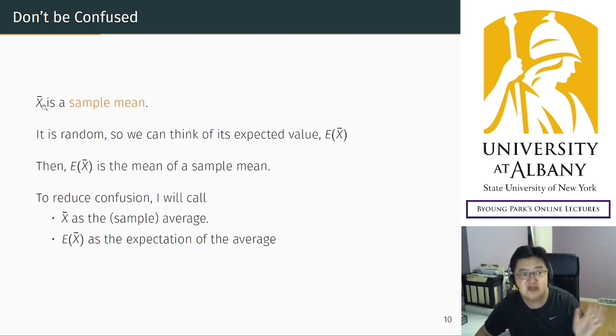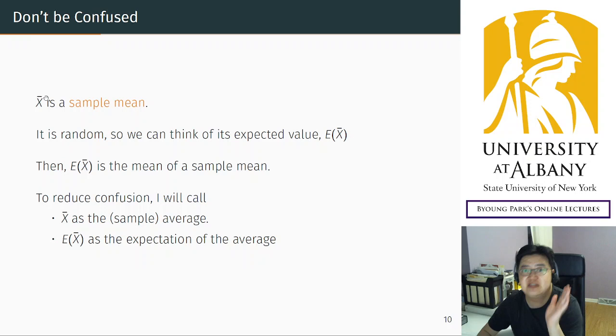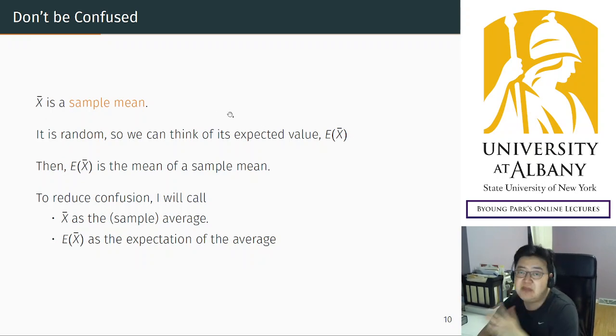It's easy to imagine that it is random, because if you resample the survey respondents, then you will get a different outcome. So it's random, so it has a probability distribution, so it has its own expectation, which will be denoted this way. X bar itself is a random variable, and any random variable has a mean. So a sample mean has a mean. That is the mean of a sample mean, right?